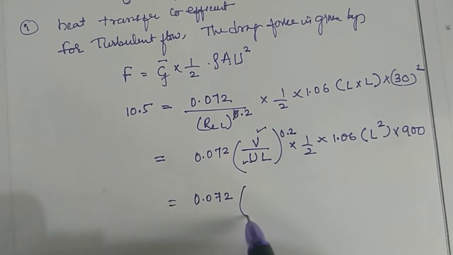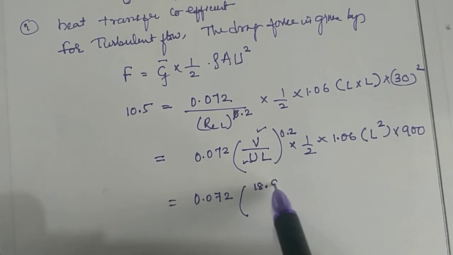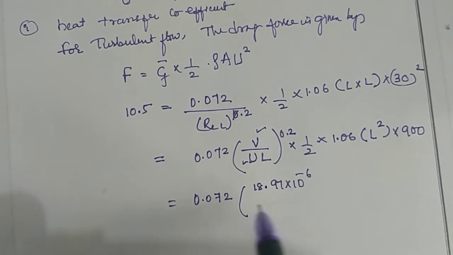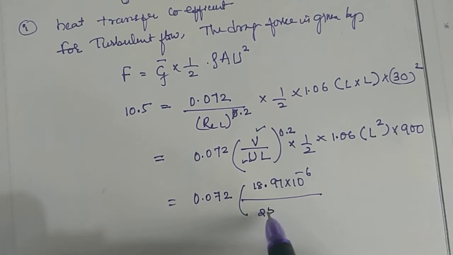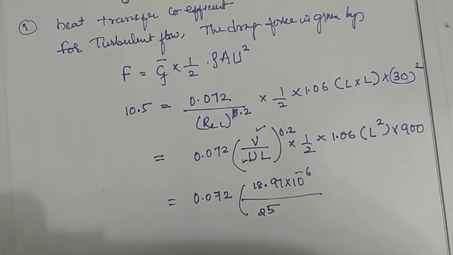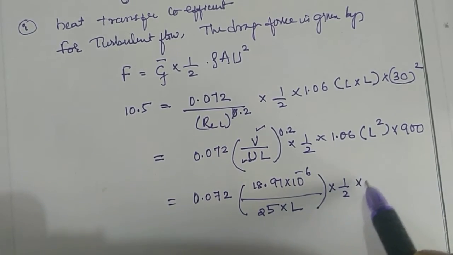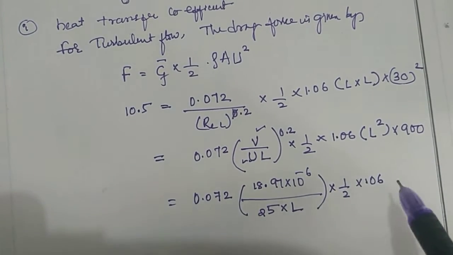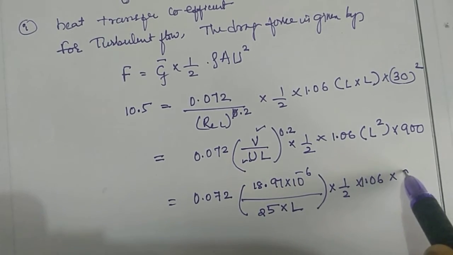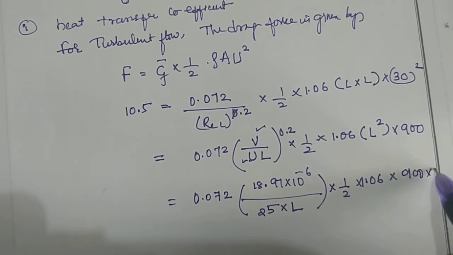Now we can substitute the values: 0.072 over 18.97 into 10 to the power of minus 6 divided by 25 and L, which is unknown, into 1 by 2 into 1.06 into 900 into L square.